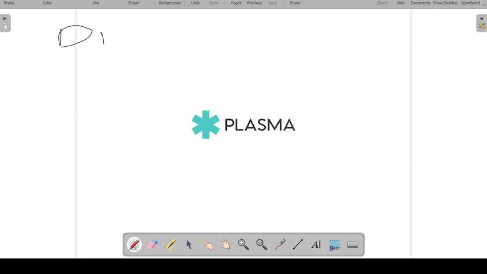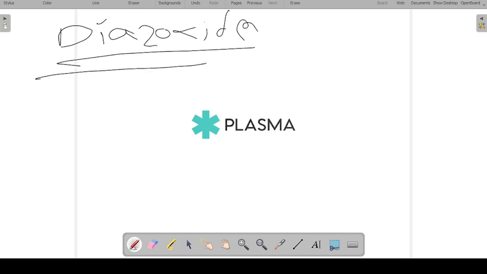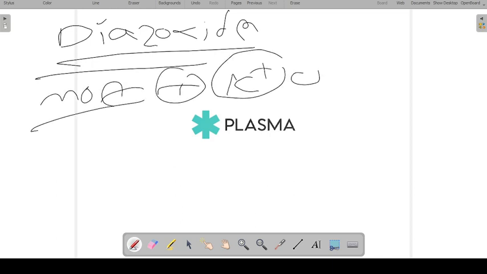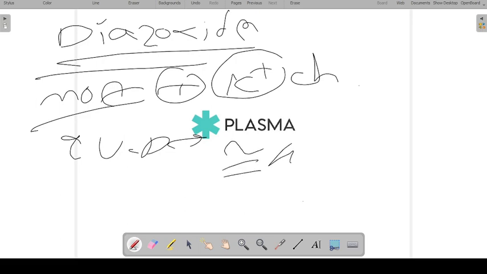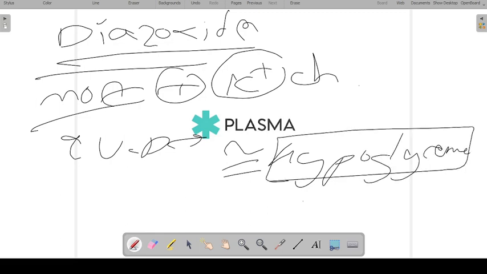Now, we'll discuss diazoxide. Its mechanism of action is that it opens K plus channels, producing powerful vasodilatation, and now it is only used in hypoglycemia. This is very important.